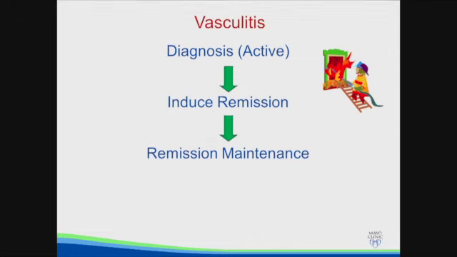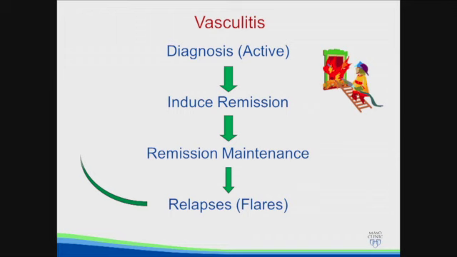So after we turn off the inflammation, we want to keep the inflammation turned off. And sometimes, of course, the disease will relapse or flare up, and then we kind of have to start over again. So these are the general phases of how we treat vasculitis.